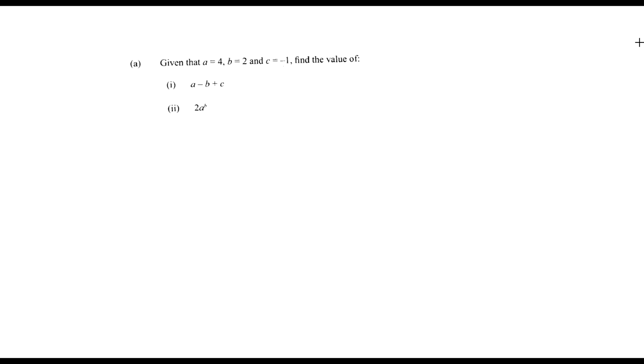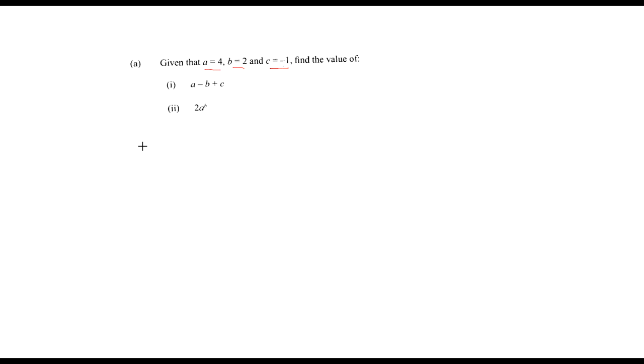The first part of the question is a substitution question. We have A is equal to 4, B is equal to 2, and C is equal to -1.